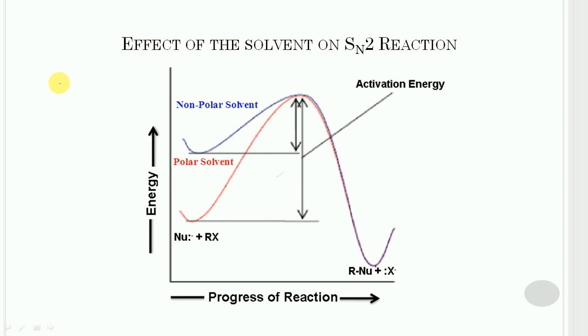Let us compare the effect of the solvent on SN2 reaction, and it is very clear from this diagram that in the case of non-polar solvent, which is shown by this blue line, the activation energy is less in comparison to the polar solvent, which is shown by the red line.